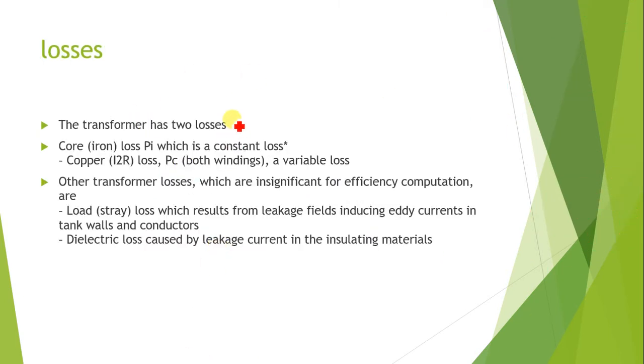There are two types of losses we have already discussed. One is core loss, or iron loss, and the other is I square R loss, which is copper loss. Core loss is also called a constant loss. I square R loss is also called a variable loss because current is a factor which will vary. There are other losses, such as eddy current losses or leakage in the fields.